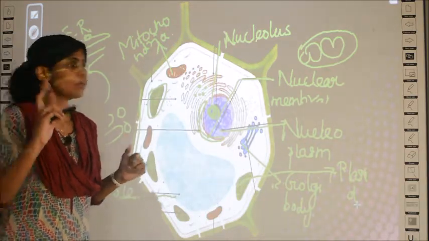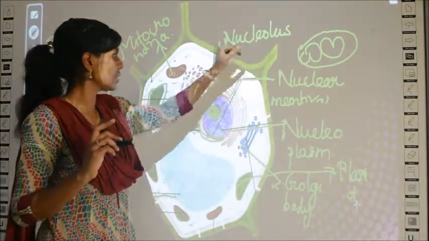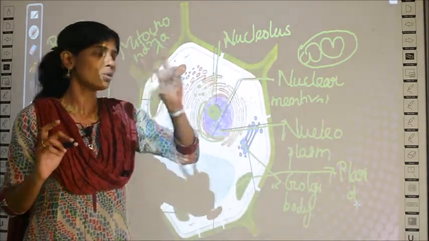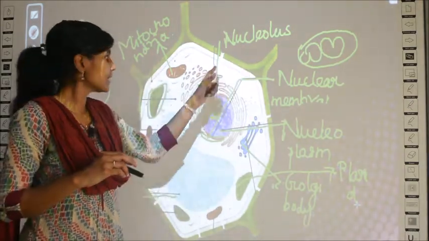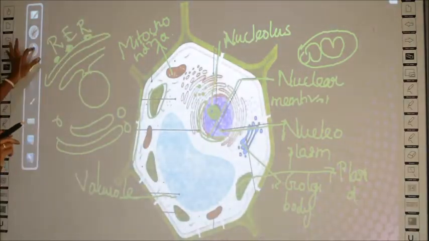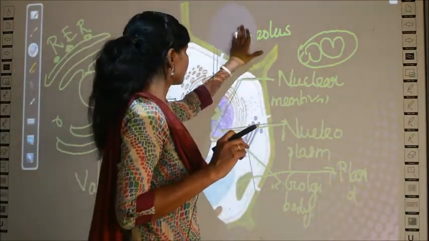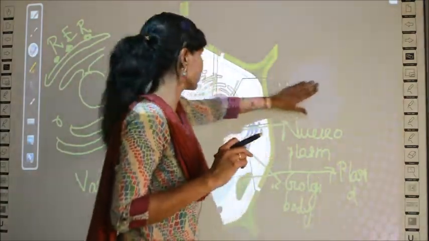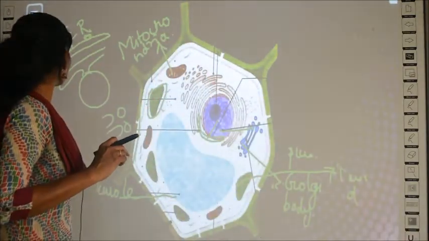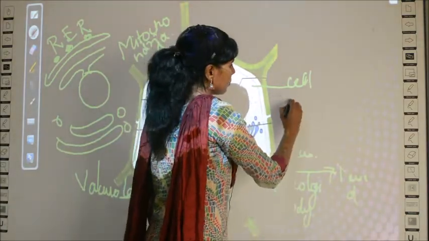Now, you have two more layers. Can you see one brown layer here and one green layer here? So, there are two layers in a plant cell. The first layer is called cell membrane.